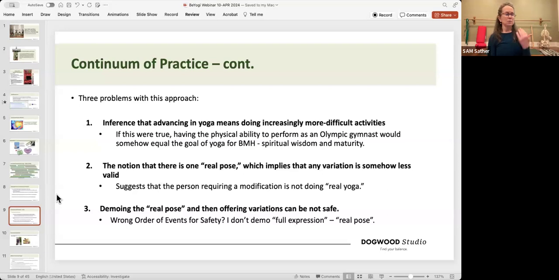So I remember teaching my seniors in a way that they might feel that I'm always modifying because they can't do what they should be doing. And that's not how I teach anymore.